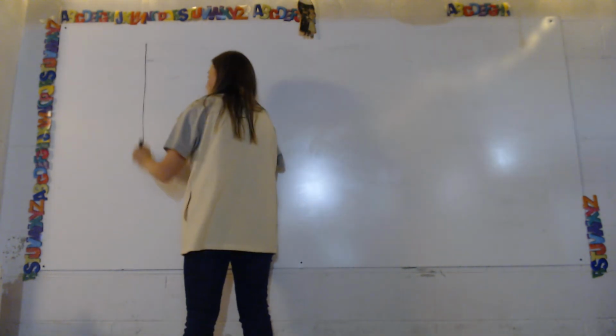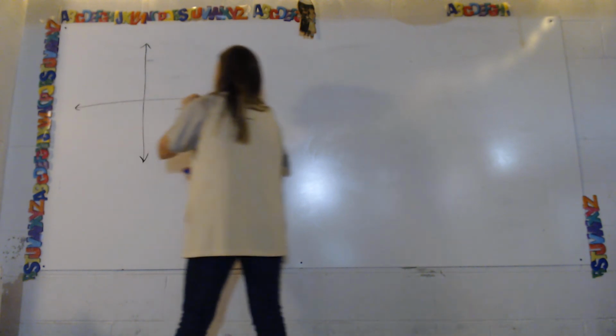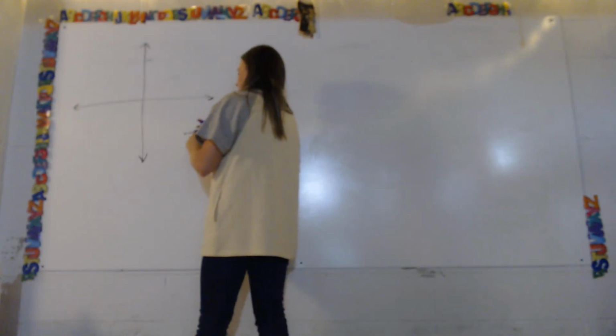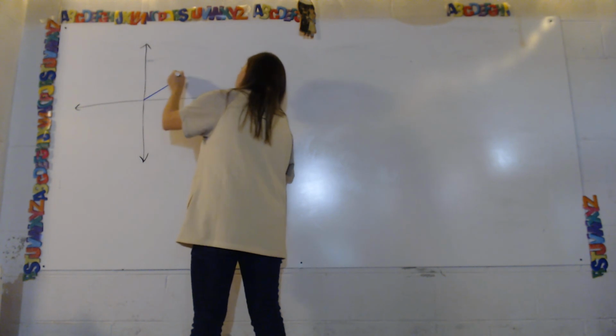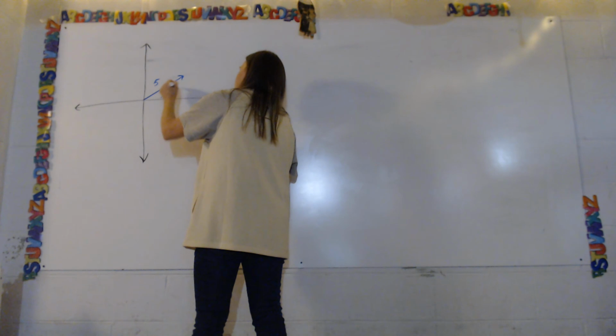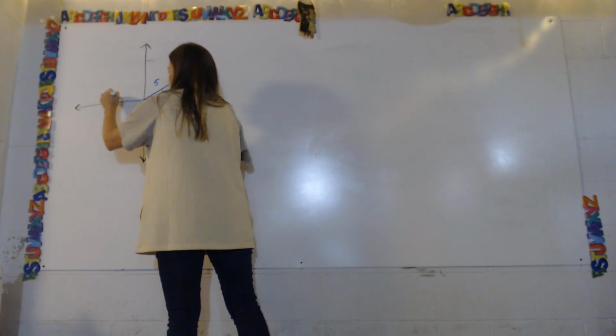Okay. So here's my coordinate system. Okay, so vector 1 will be 5 at 45 degrees. Vector 2, right on the x-axis, and that is 6.